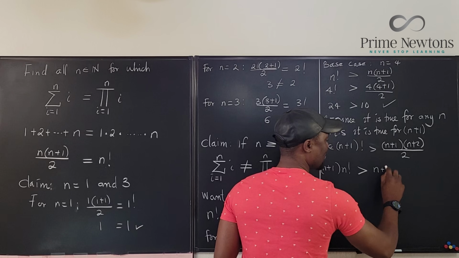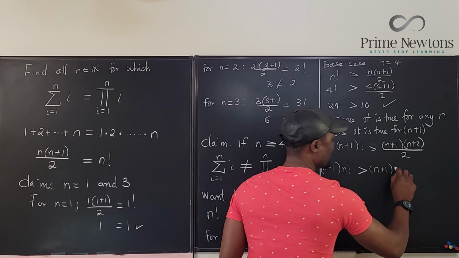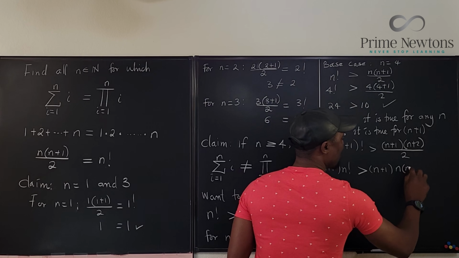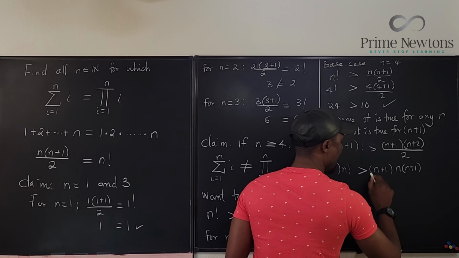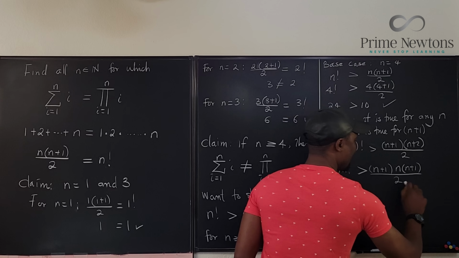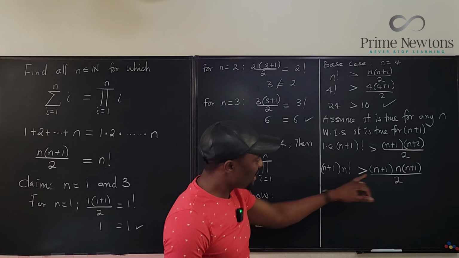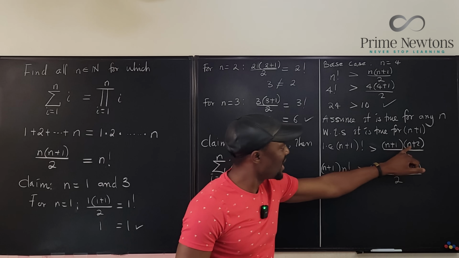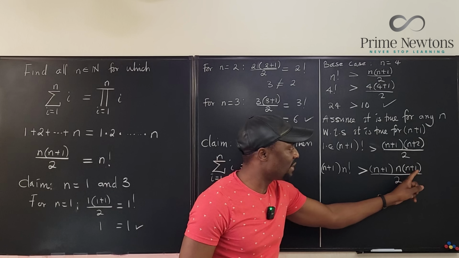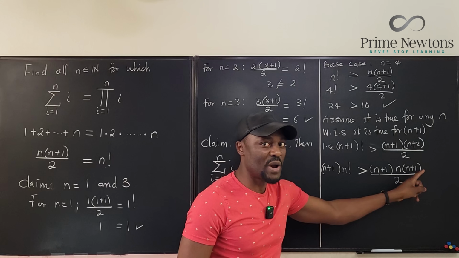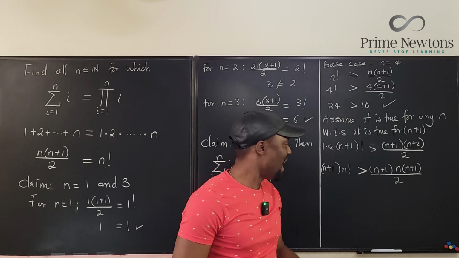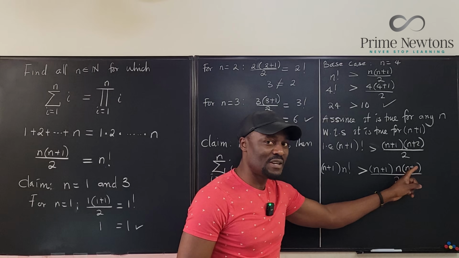So I've got n plus 1 times n plus 1, nice, over 2. Let's keep this one because this one has this. N times n plus 1 is going to be n squared plus n.